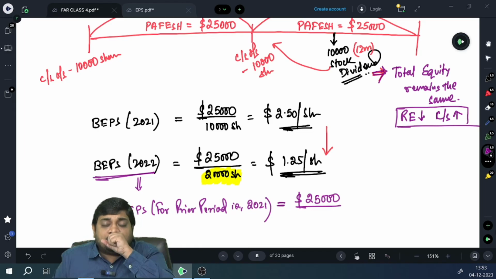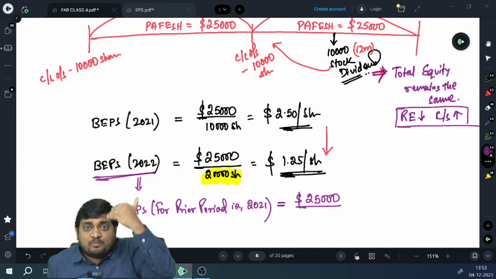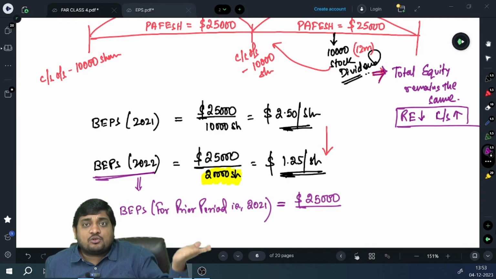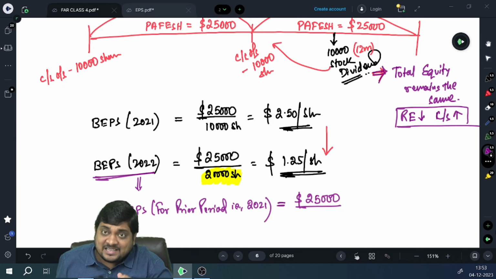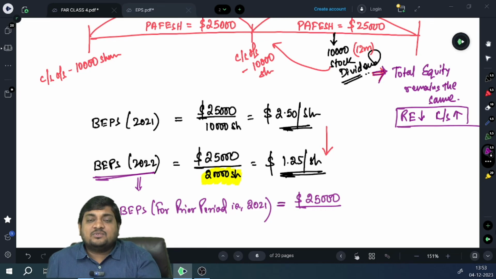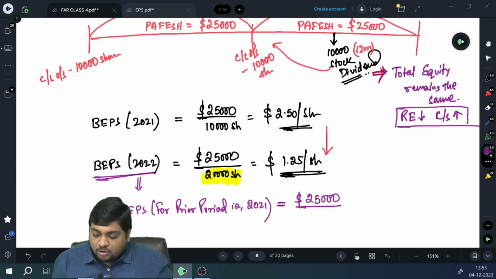Because when you present data for current year, you need to show data for previous year also, right? So when you are showing data for previous year, for prior period, that is for 2021, you consider its effect with respect to each prior period you are disclosing.